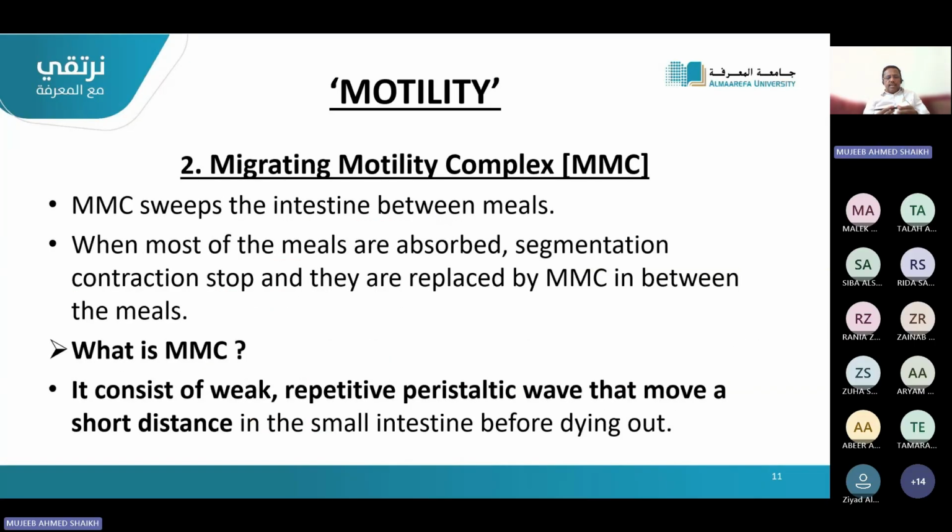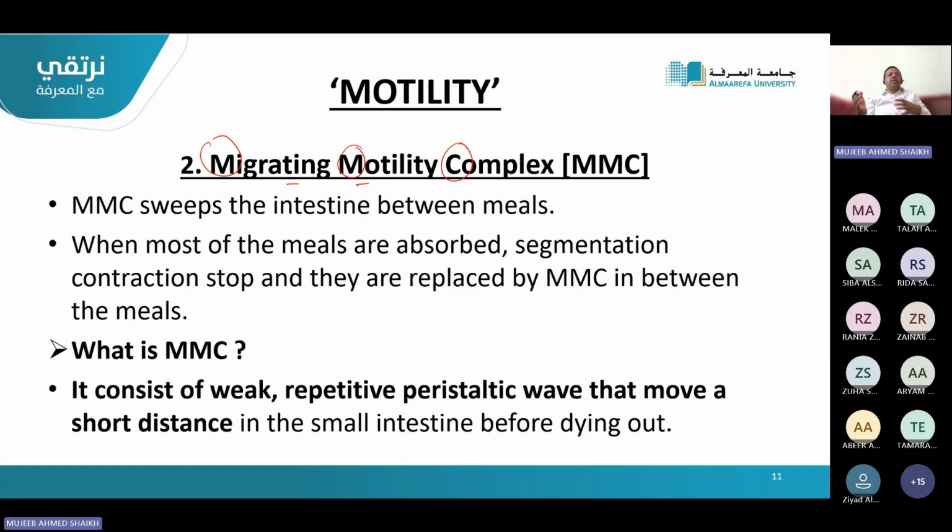The second type of contraction in the small intestine is known as the migrating motility complex, MMC. This is just like sweeping the whole small intestine, cleaning it, making it empty and keeping it ready for the next meal.